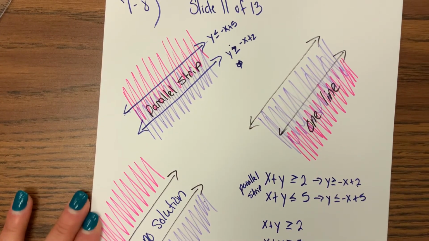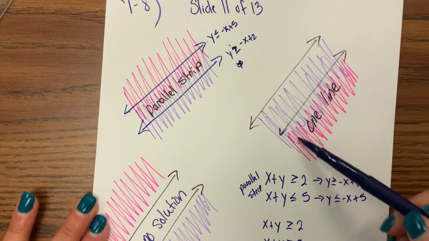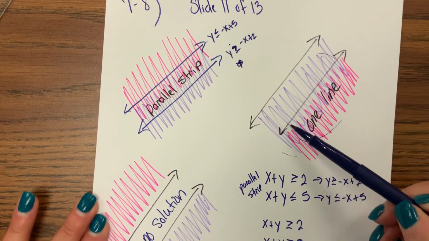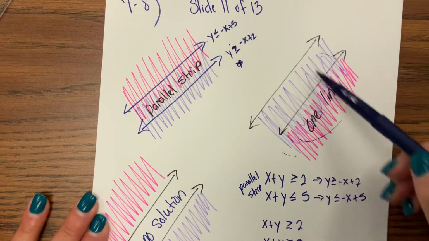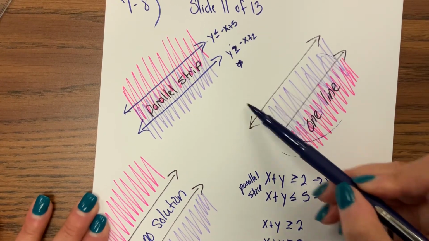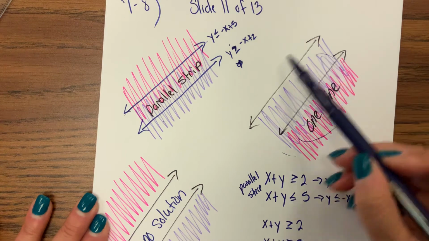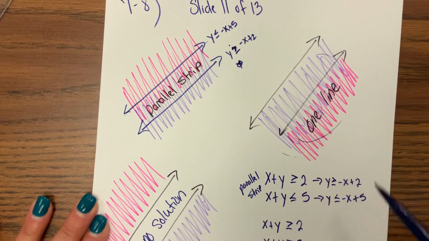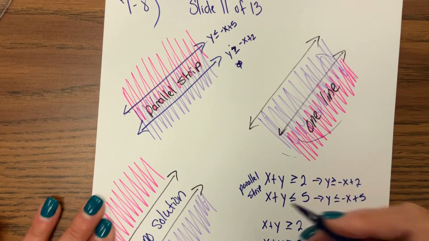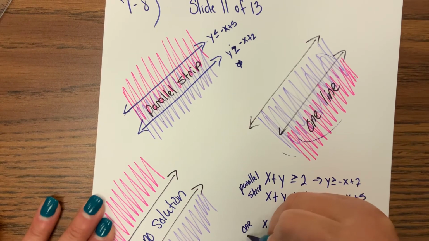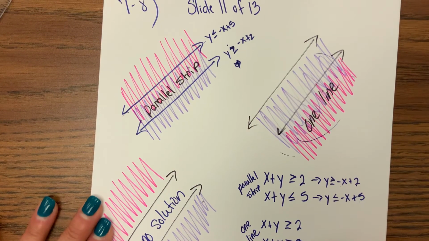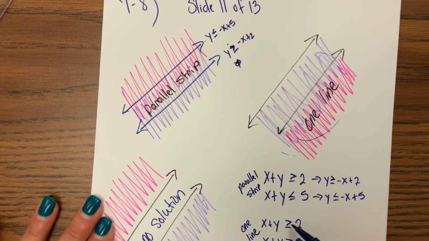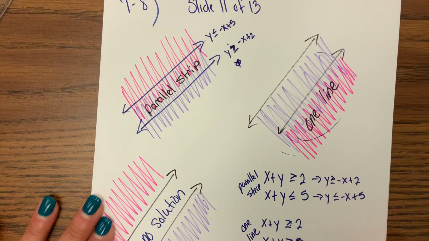So think about that. It's kind of like the last one, but reversed, isn't it? Because this is your bottom line. It's greater than that one, and then it's greater than this one. So it's just the other direction. So this one is actually the one line. When it's greater than the bottom one and greater than the top one also, basically the symbols are the same. That's what you got to keep in mind.